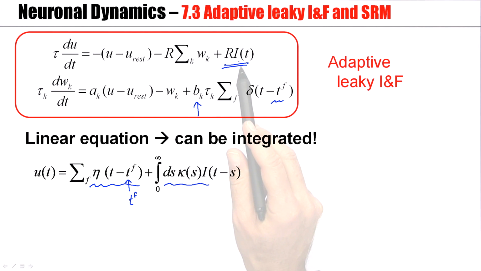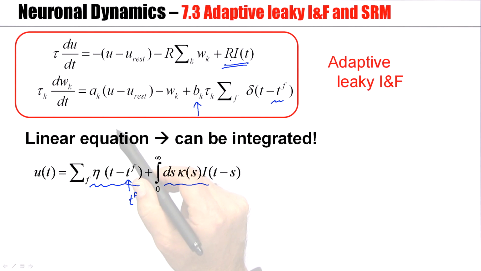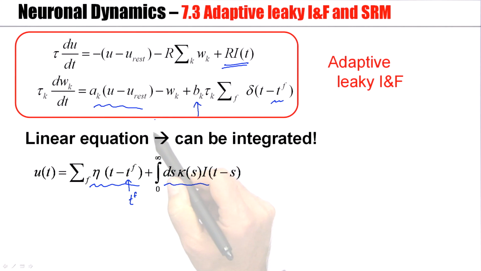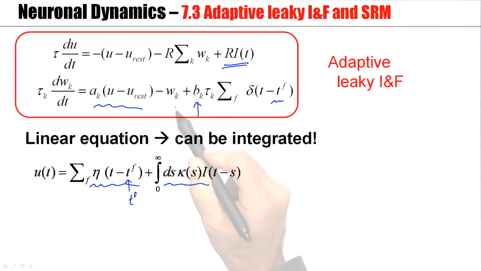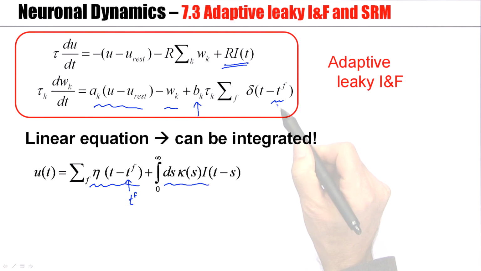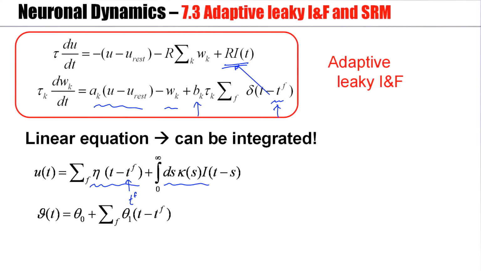Note that the integration can be done despite the fact that there is a coupling between the voltage and the w variable, as long as it's a linear differential equation, several coupled linear differential equations, driven by spikes, driven also by the external input. As long as this is the case, we can do the integration. Moreover, we still have the dynamic threshold. The dynamic threshold means that after each spike, the value of the threshold is higher than it would normally be.